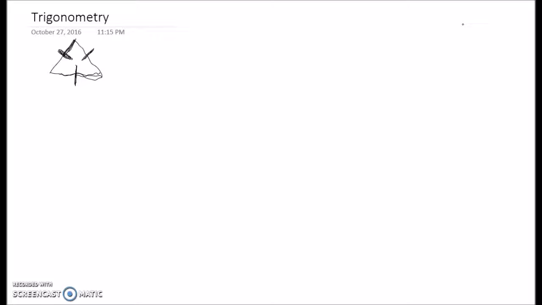So each side that has one line is equal, or if I did this, the two sides with one line would be equal, but the one side with two lines would not be equal to those, okay? So that's just a basic triangle standard of drawing things.